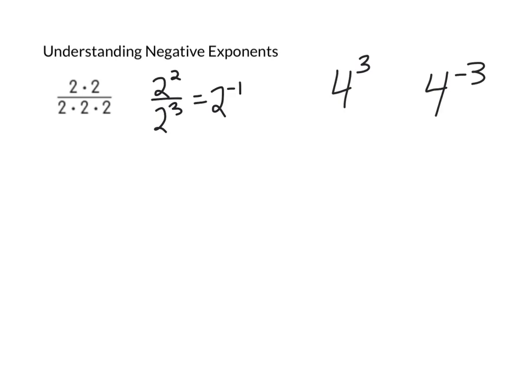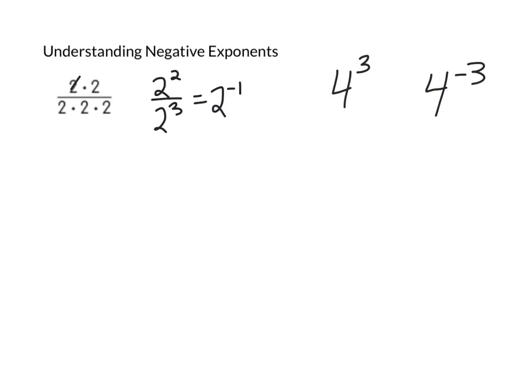So that's one way that we can simplify this problem. If we wanted to simplify it using a different method, let's say that we wanted to simplify it the same way that you simplify fractions. In order to simplify fractions, you have to look for a common factor in the top and the bottom, and then you cancel out that common factor.